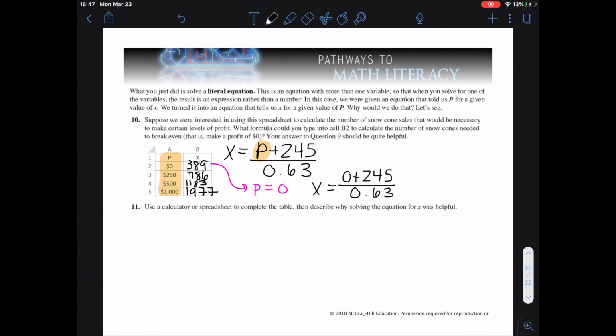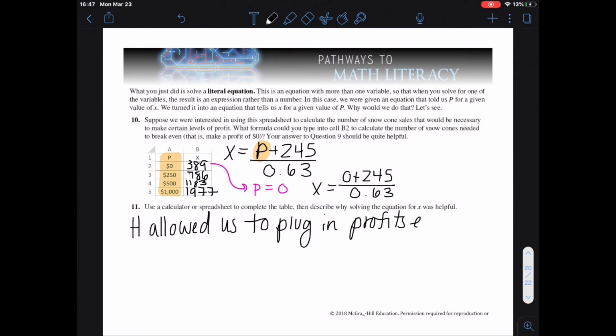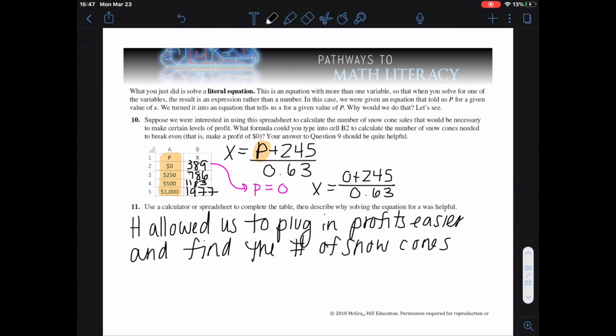So by solving for x instead, it allowed us to plug in profits easier and find the number of snow cones without having to solve an equation every time.